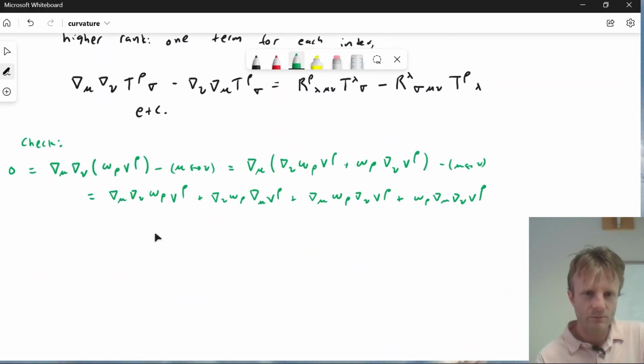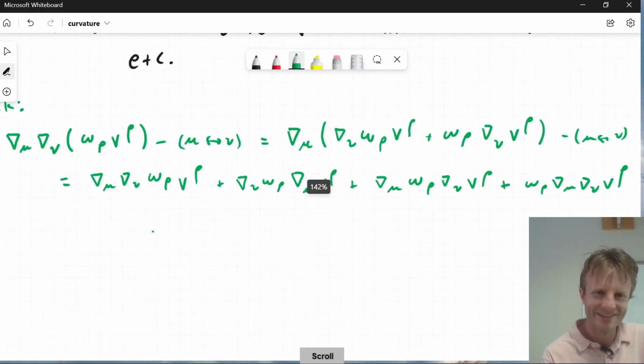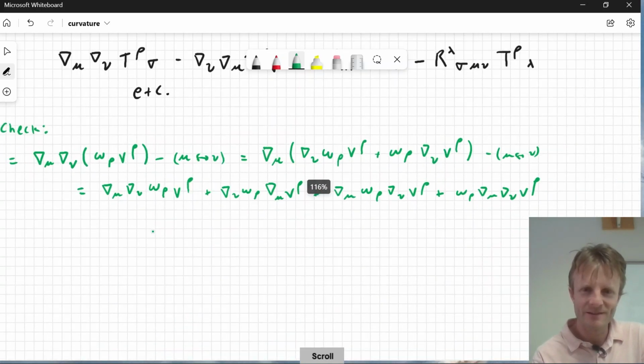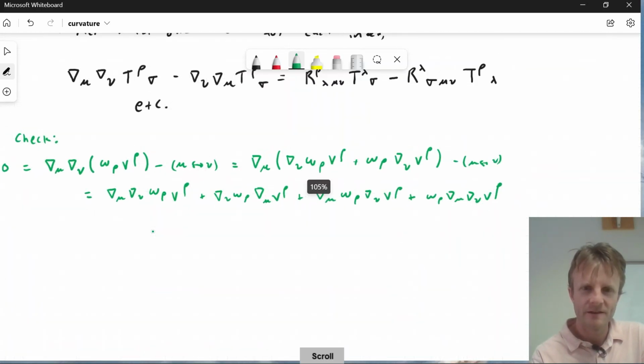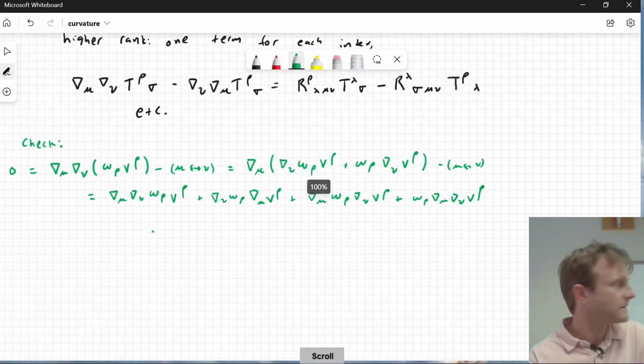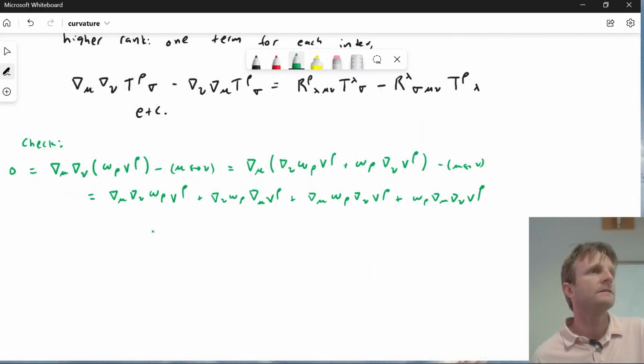Okay, let's look for places we can use our Riemann tensor equation. Is this green hard to see? It's a little harder for me to see. Looks okay for you guys. Yeah.